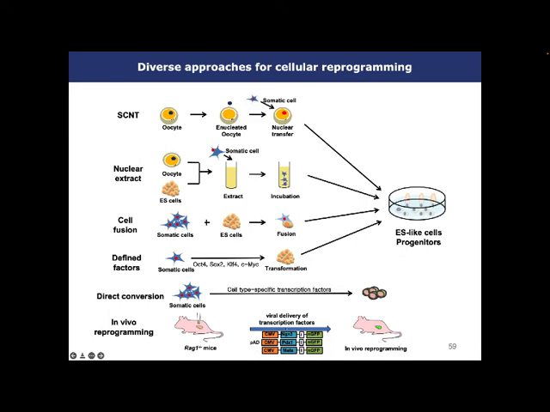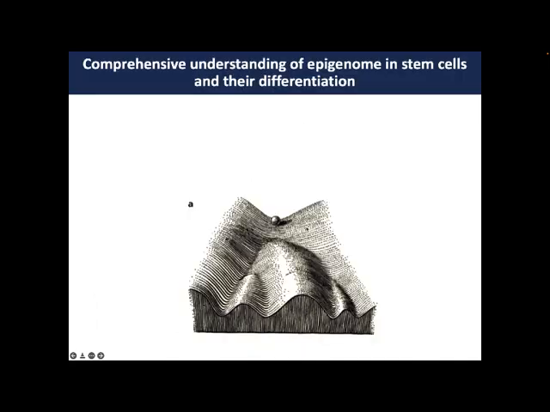By the delivery of transcription factors, we can generate these designated cell types inside whole animals, and those are very useful for therapeutic approaches in the future. So the Waddington landscape can be manipulated in various ways.